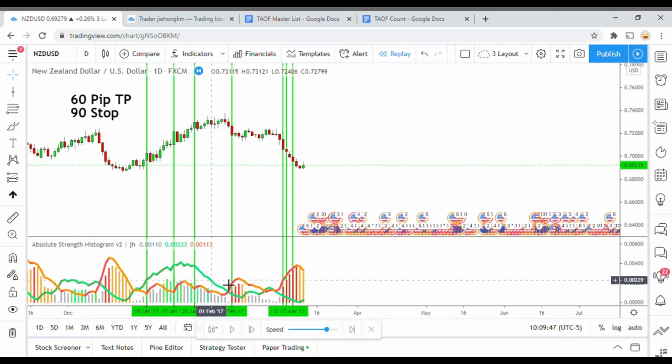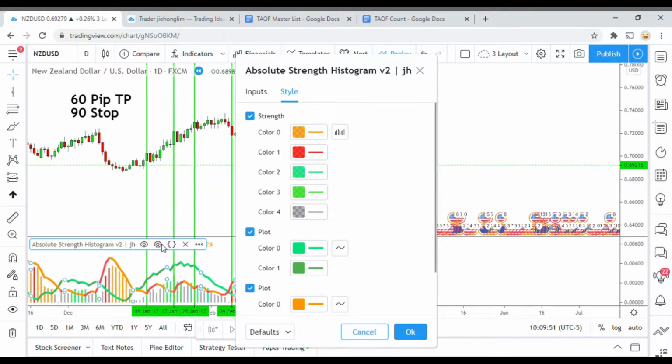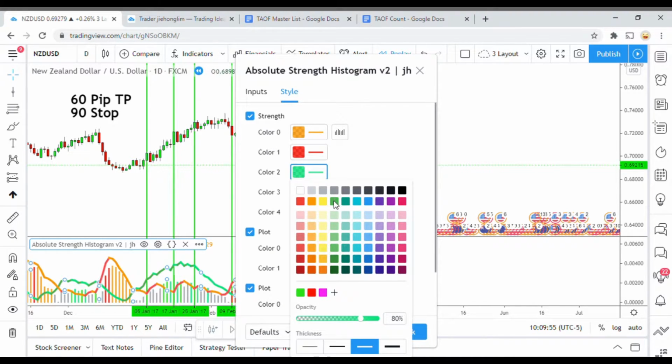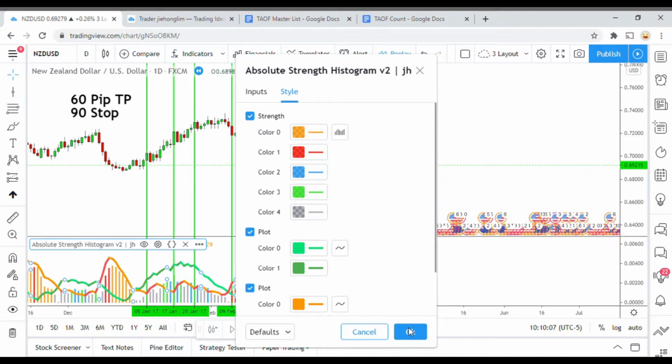And I am only looking for, let me do this. Let me actually go in and make one more modification here. I'm going to change the color of this because I am not fond of it. Let's change it to blue.